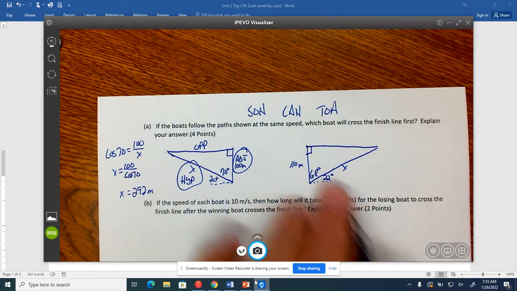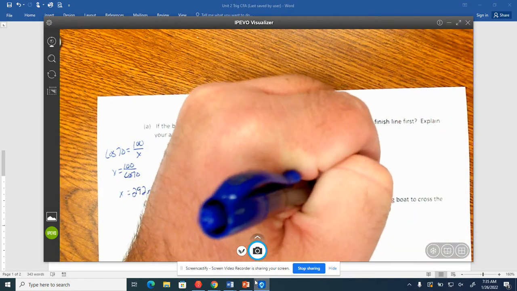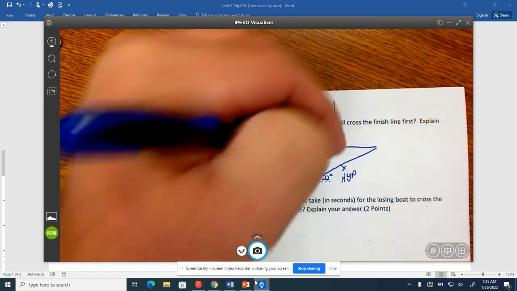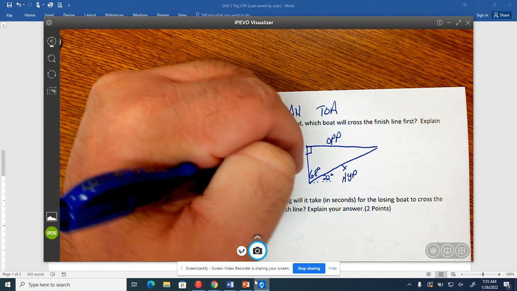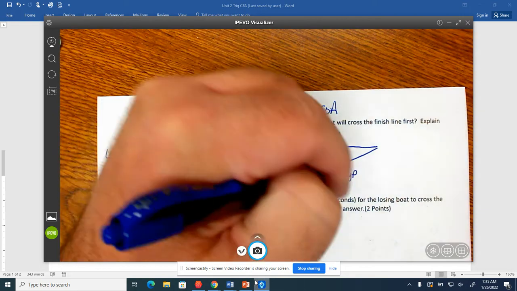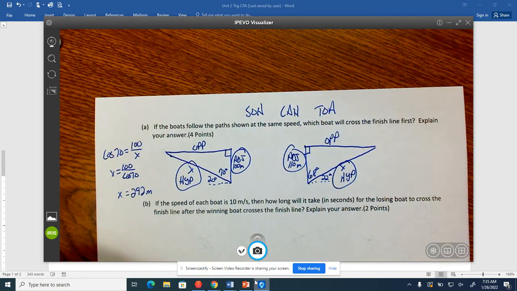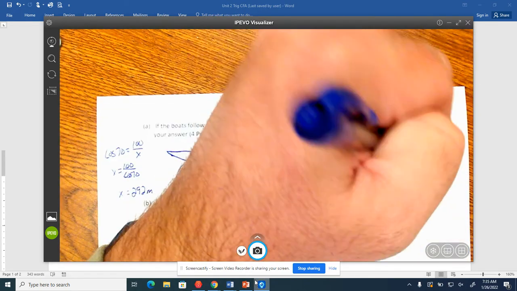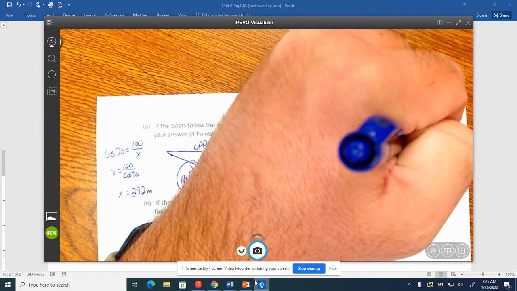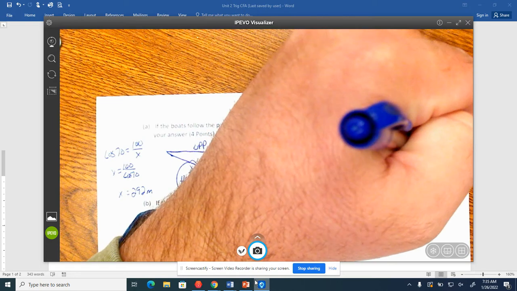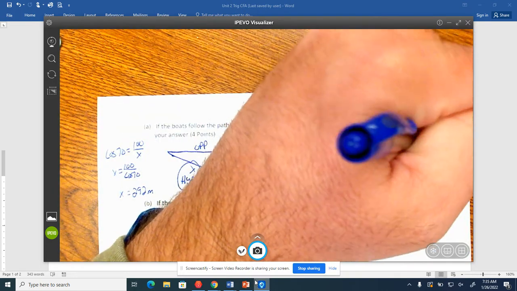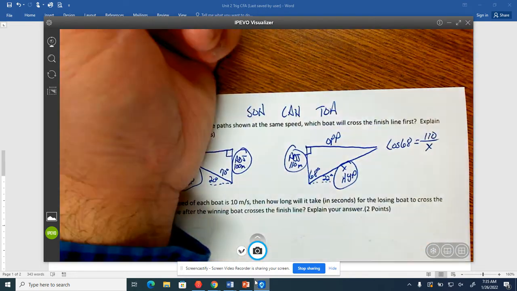Same thing over here. This is the hypotenuse. This is the opposite. And this leg is adjacent. So it's basically the same problem, except I'm saying cosine of 68, because that's my measure here, equals adjacent over hypotenuse.